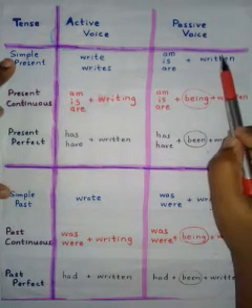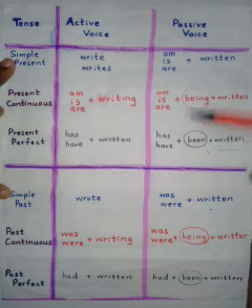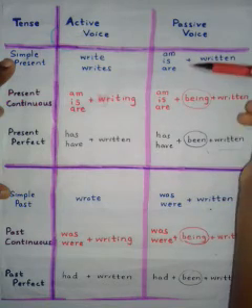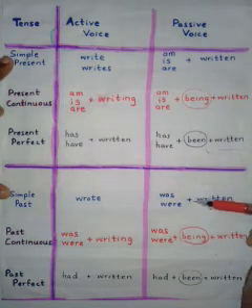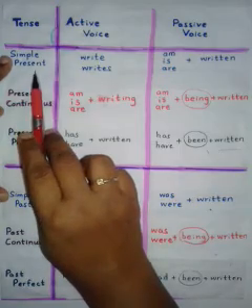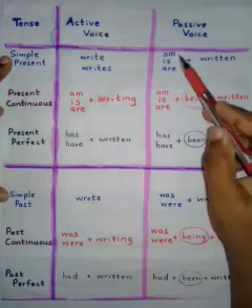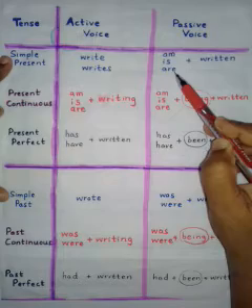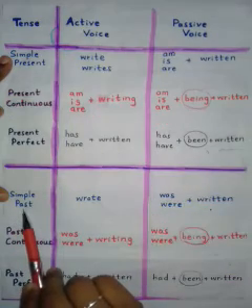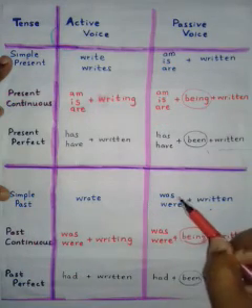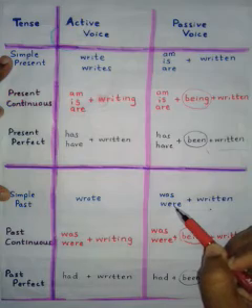Now look at these passive voice verb structures. For simple present, we use am, is, are as the helping verb. For the simple past, we use was or were as the helping verbs.